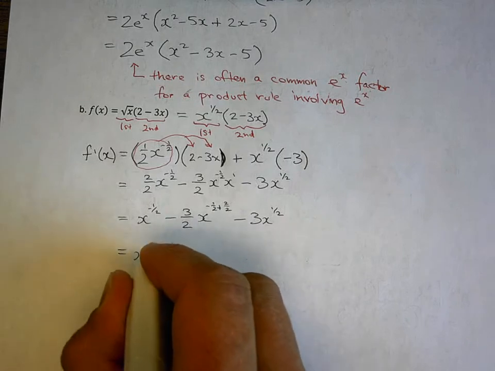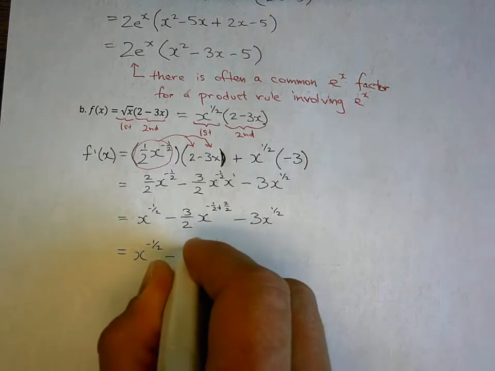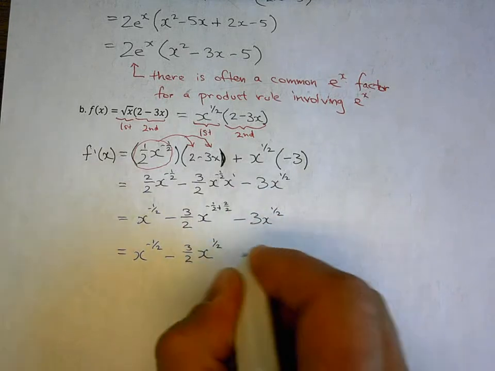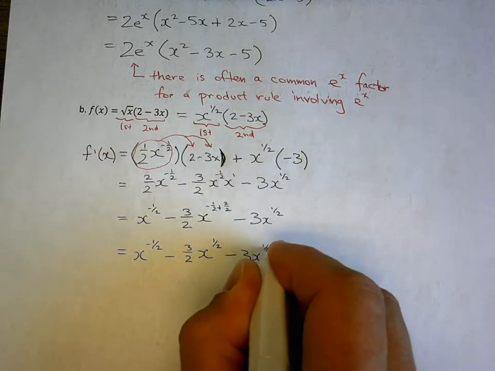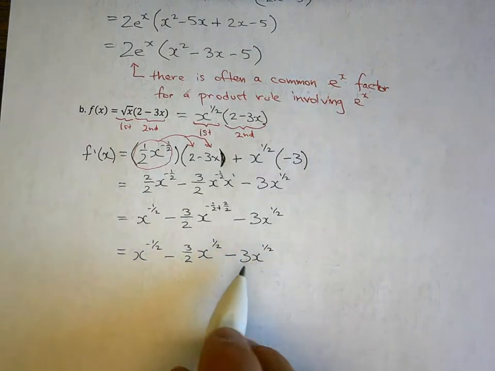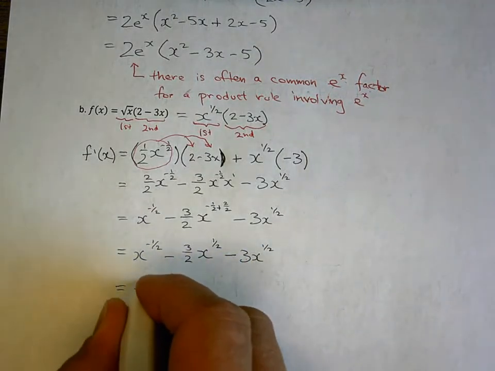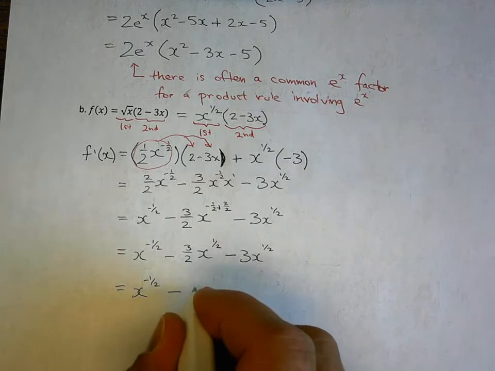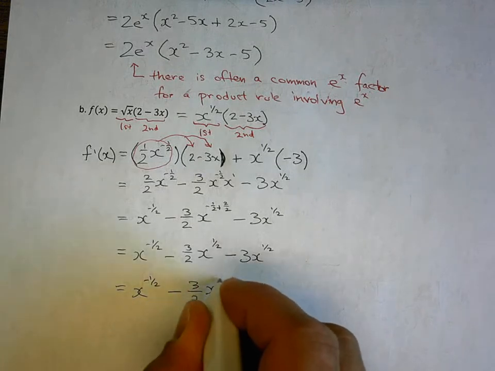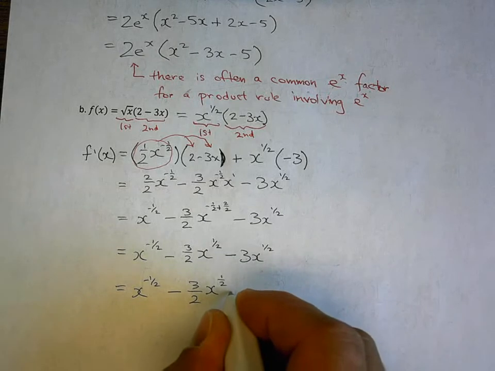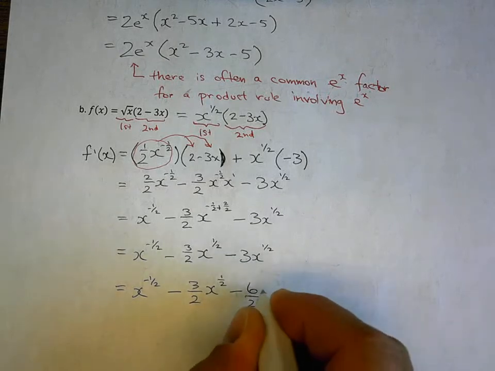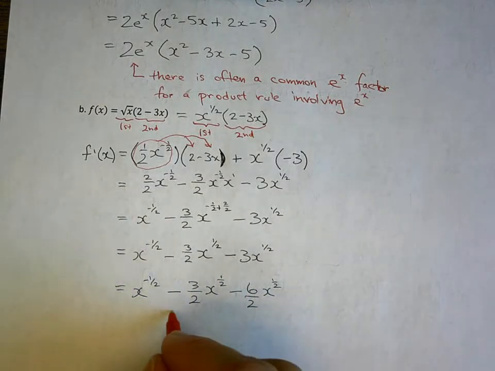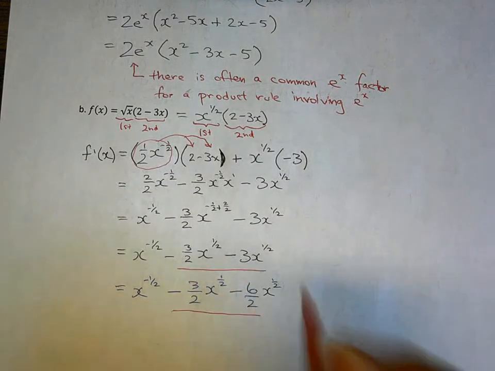Okay, so this is x to the negative half minus 3 over 2 x to the half minus 3x to the half. Then I have to collect these like terms, so I get x to the negative half minus 3 over 2 x to the half minus 6 over 2 x to the half. So I'm trying to make it so I can combine these like terms.